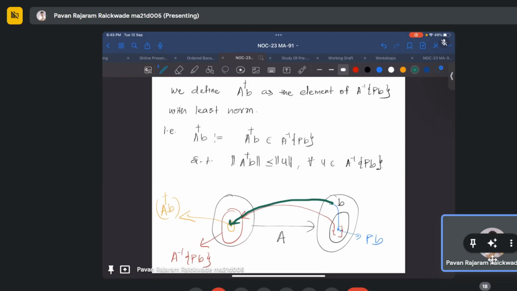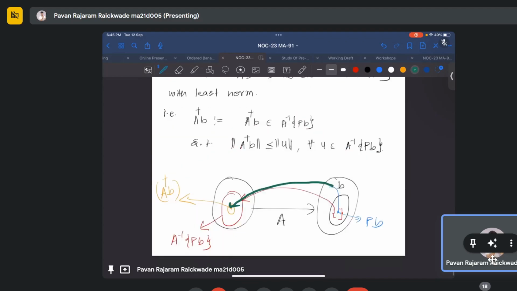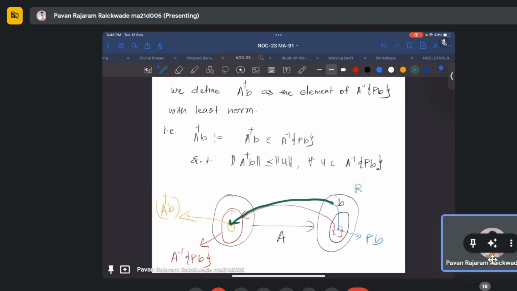For every element B in Rm, this A dagger B is in Rn, right? So this is kind of an inverse map. A goes from Rn to Rm, A dagger will go from Rm to Rn. This is how the whole theory of Moore-Penrose inverse is defined. You don't have an inverse of A because A is not bijective, then you have a Moore-Penrose inverse.